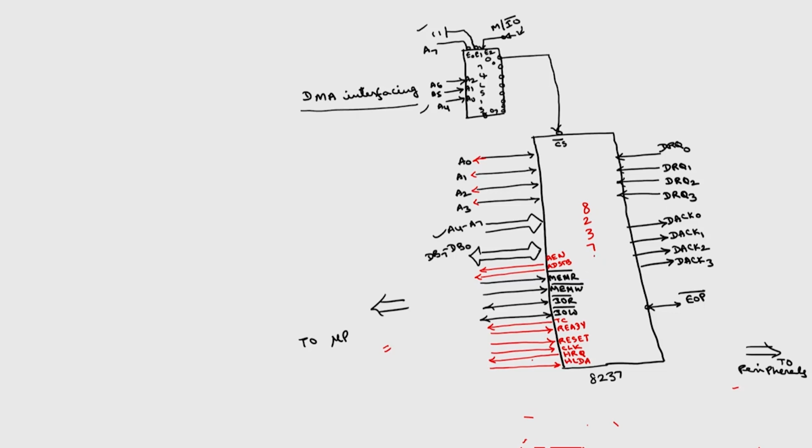16 registers inside the 8237. So, the registers of 8237. Corresponding to each channel we have two registers, one is called memory address register, another is called count register.